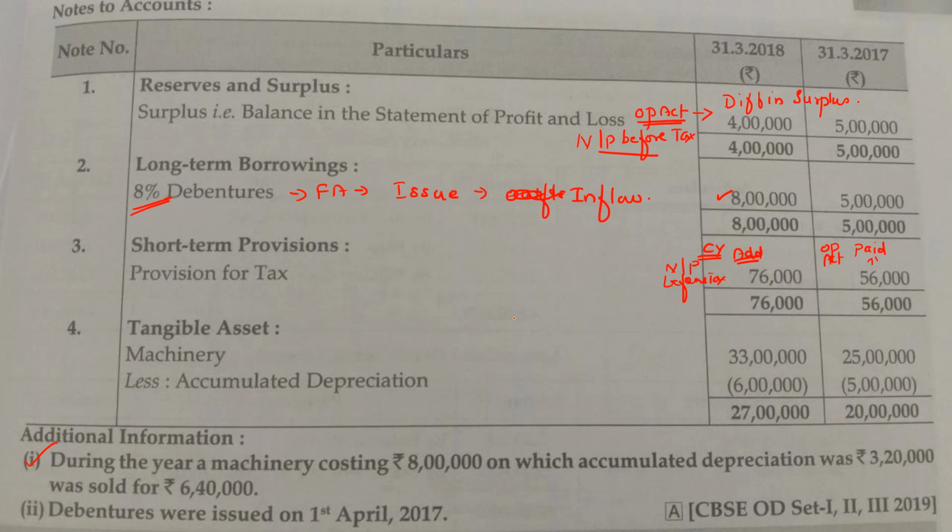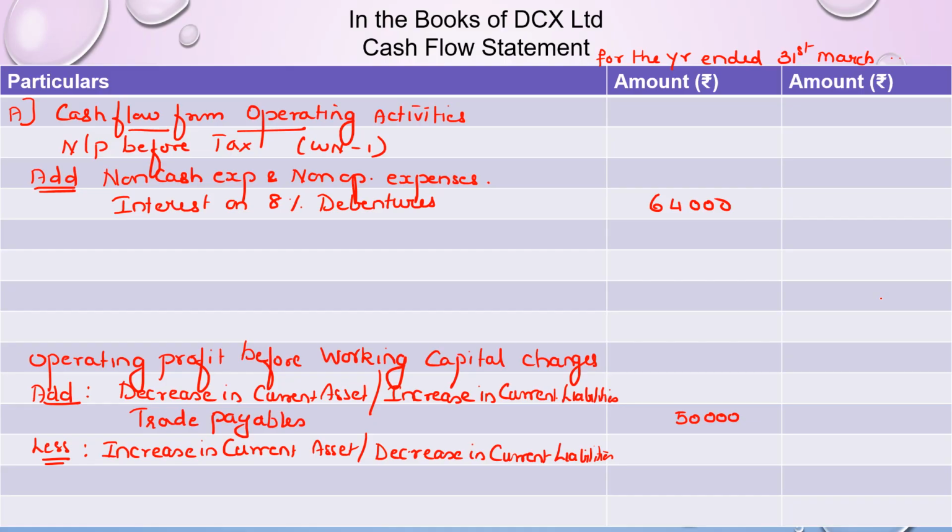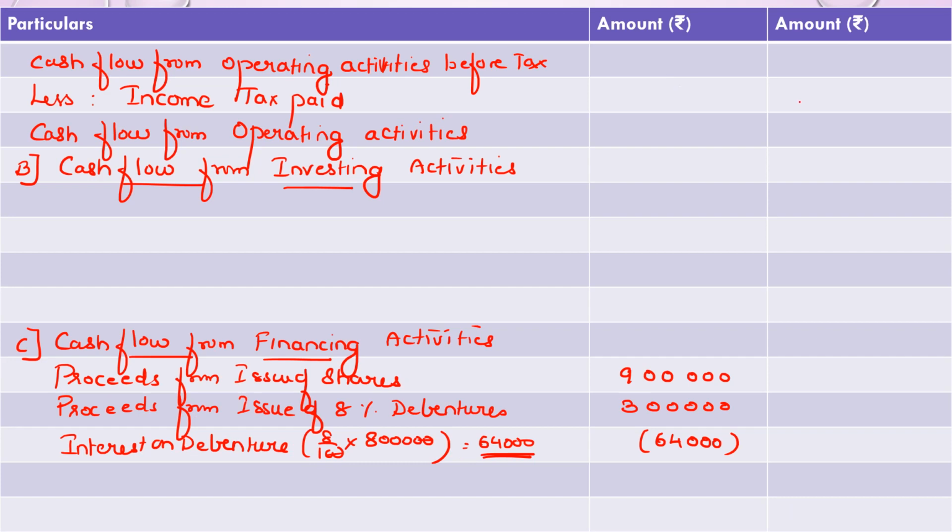Then going back, the next item we have is short-term provision. Looking at the notes to accounts, it is represented by provision for tax. As I told you, last year's provision would have been paid. So 56,000 is the income tax paid, which would come here as the last part of our operating activity: less income tax paid, 56,000.